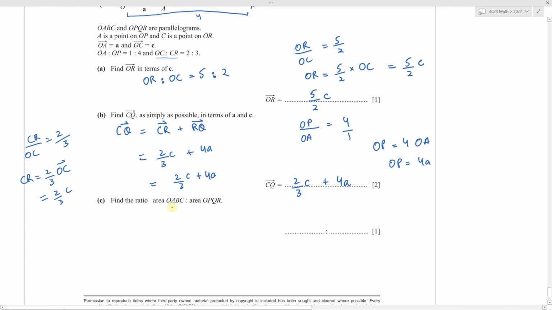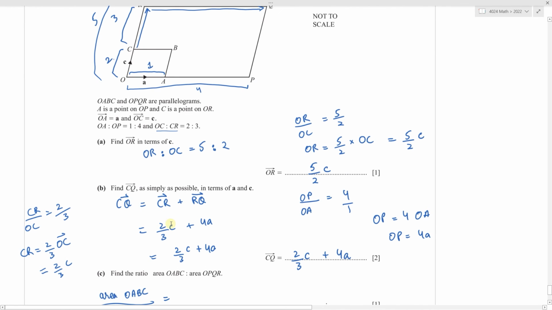Find the ratio area of OABC over area of OPQR. This is the ratio that you want to find.